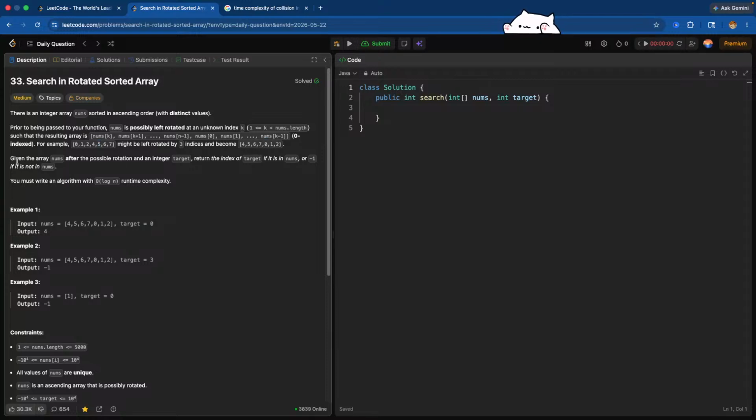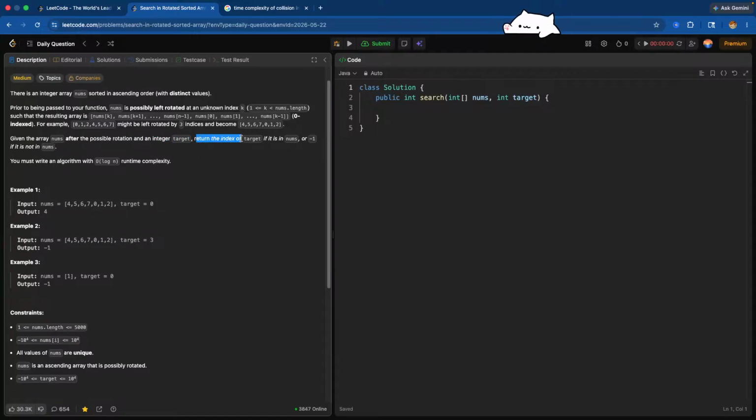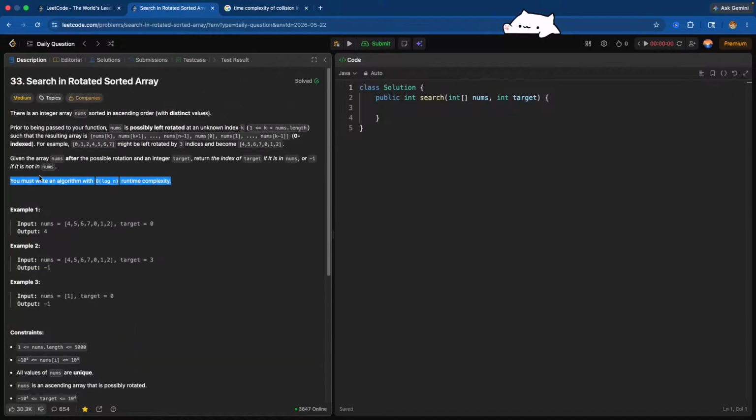Okay. Given the array nums after possible rotation and an integer target, return the index of target if it is in nums, or minus 1 if it is not in nums. I have to do a binary search here.